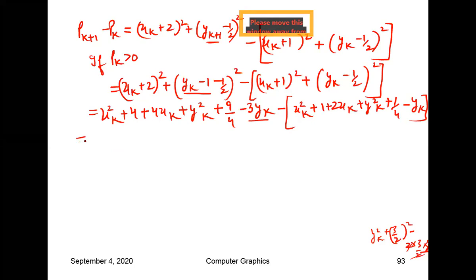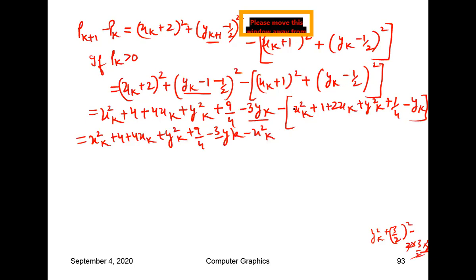So when we solve this, what we have to do is, first we'll write all the terms: plus 4xk, then y square k plus 9 by 4 minus 3yk, minus x square k, minus 1 minus 2xk minus y square k minus 1 by 4 plus yk.